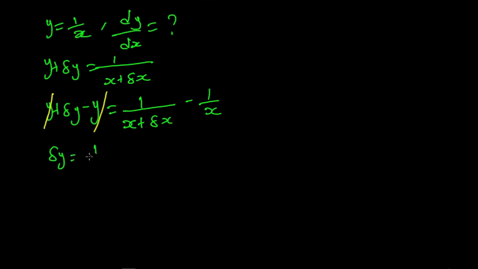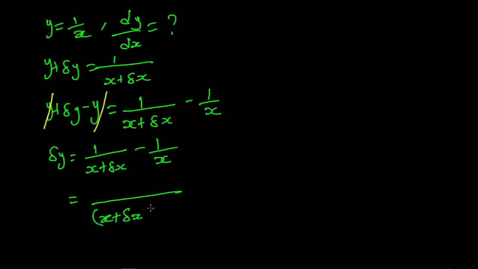So we are going to have 1 over x plus delta x minus 1 over x. To simplify this expression, we are going to have x plus delta x then multiplied by x as our LCM, the common denominator, and let's write this out here. We have x plus delta x multiplied by x. If we multiply this fraction with this, our common denominator, this is going to cancel this, and therefore we'll be left with x.